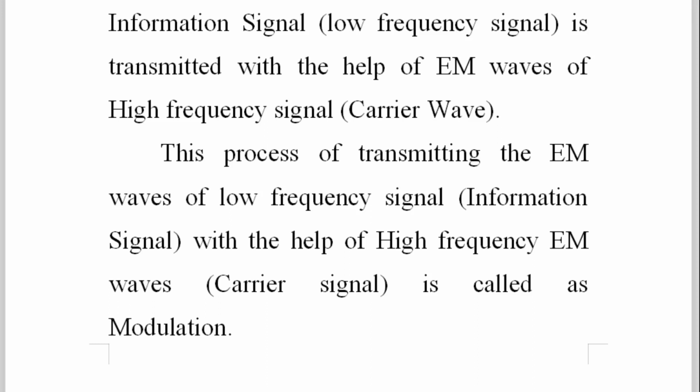Therefore, the wavelength of a low frequency signal is very high, in kilometers, and the size of antenna required goes in kilometers. To solve this problem, we have used one logic: we know that very high frequency signals have a wavelength in centimeters. Therefore, we will transmit the low frequency signal, which is our information signal, with the help of a high frequency signal, and therefore we call the high frequency signal a carrier wave.